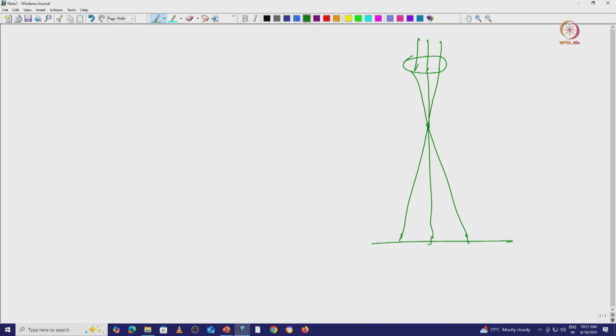So basically this is the parallel electron beam. Then we have the sample here, and when the electron beam is coming, this is the point where we are getting all the diffraction, that is called the back focal plane. This is the back focal plane, from where the electron beam is first converged.